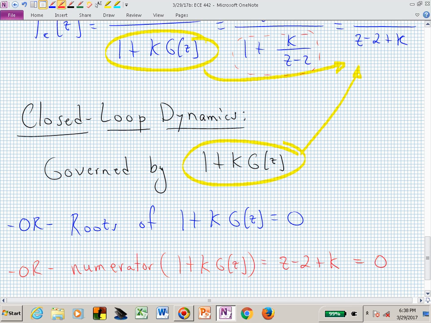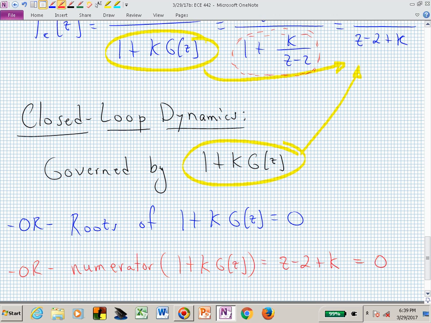I did write numerator: the numerator of 1 plus kg of z, and I'm interested in the numerator of that expression, which ends up being z minus 2 plus k, and I'm setting that equal to 0. That governs the dynamics of this system. But it's all coming from 1 plus k g of z.